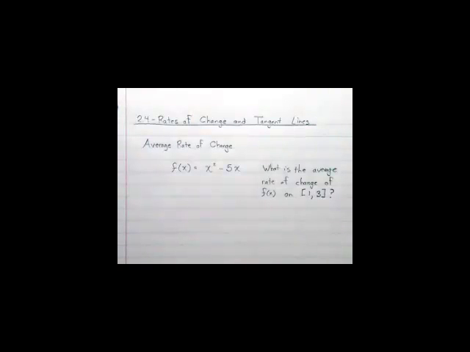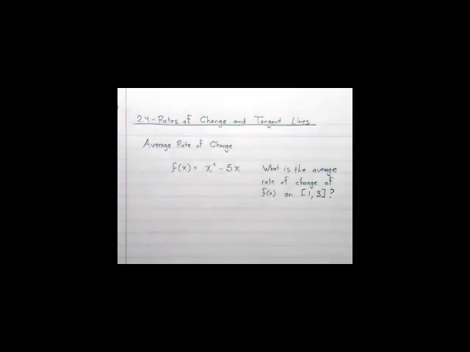Keep in mind that a rate of change is simply a measure of slope. It's a measure of slope from one point on the curve to another point on the curve. If I were to graph this whole curve, find the point on it at 1 and a point at 3, draw a line between the two and want to know its slope, that's essentially what we're doing.